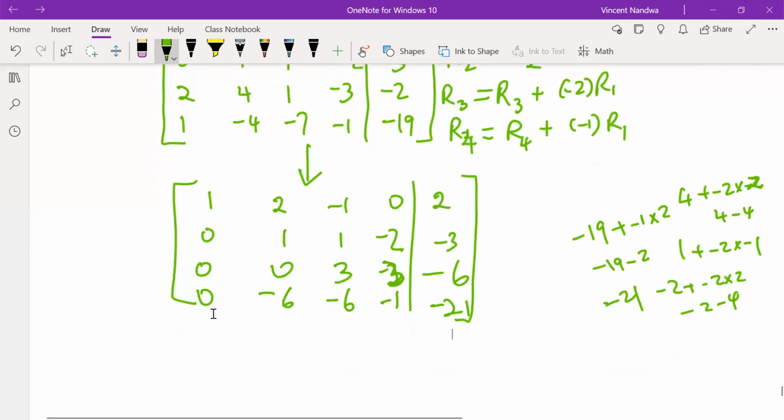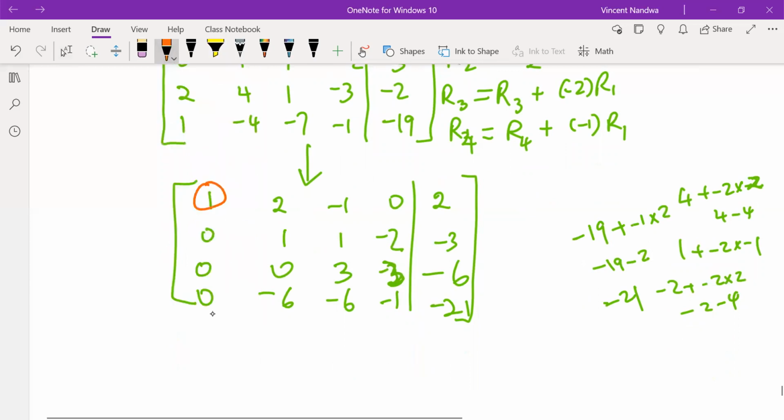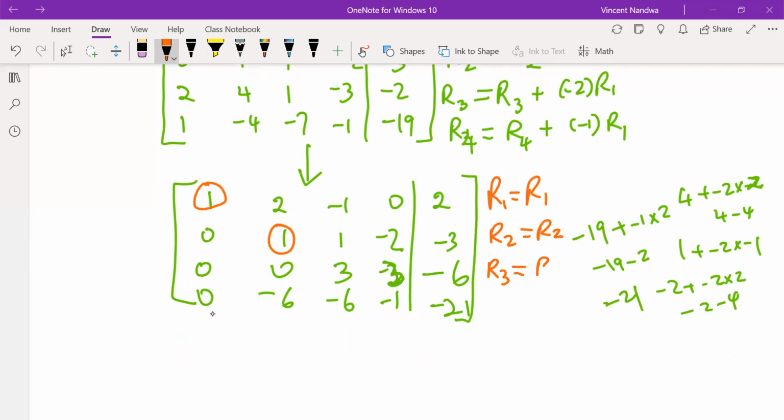So we see that at this step, this is correct, this is correct. So this we expect here to have a 0. So we'll say row 1 to be row 1, row 2 to be row 2. All these are also 0. Let's keep row 3 to be row 3, and row 4 to be now row 4.